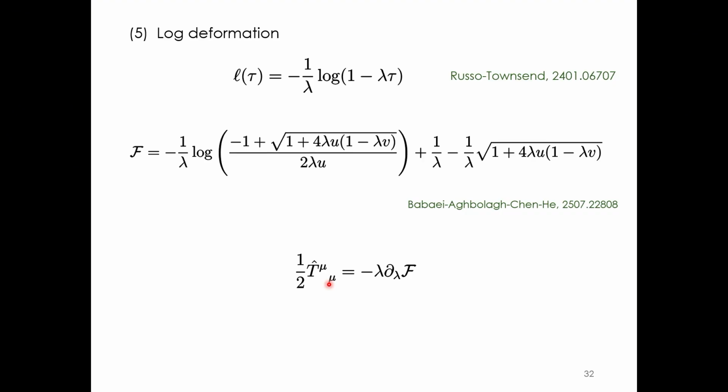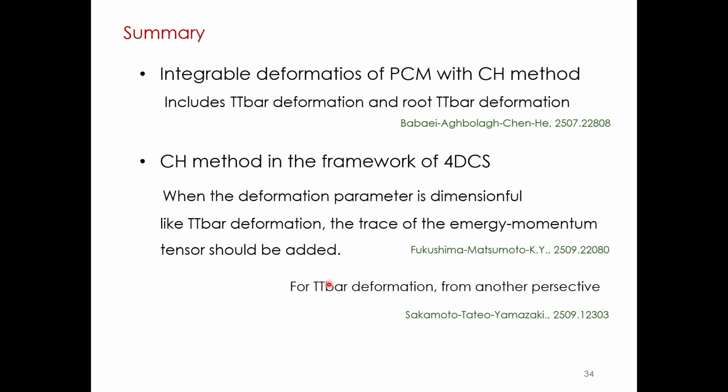Okay, let me summarize my talk. Here I have explained integrable deformations of principal chiral models based on the Courant-Hilbert method. This Courant-Hilbert method includes TT-bar deformations and root TT-bar deformations as famous examples. This scenario was proposed by Babaei-Aghbolagh et al. in this paper. Then we have discussed how to consider the Courant-Hilbert method in the framework of Chern-Simons theories.